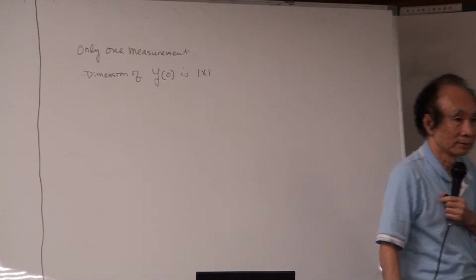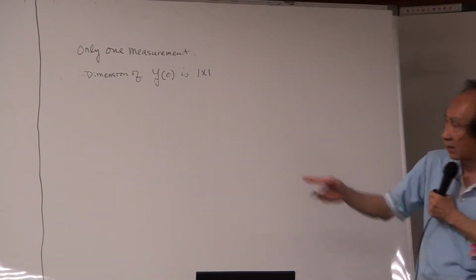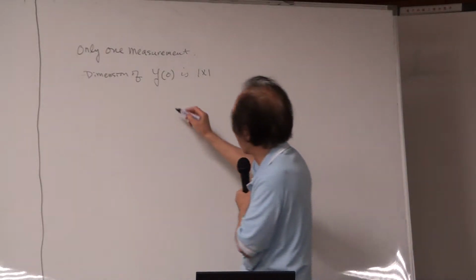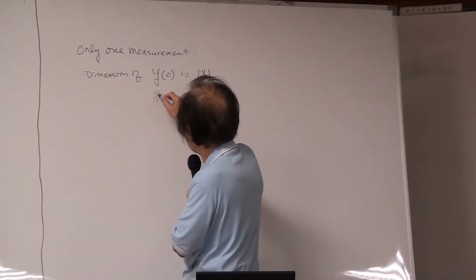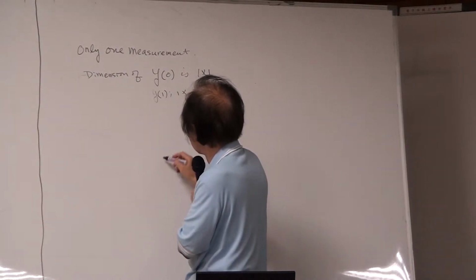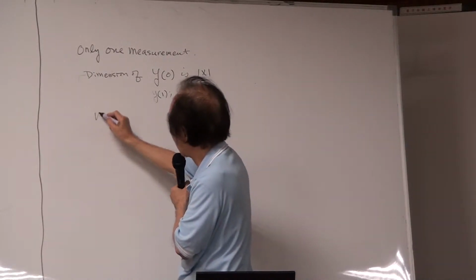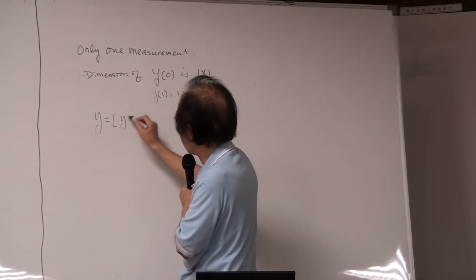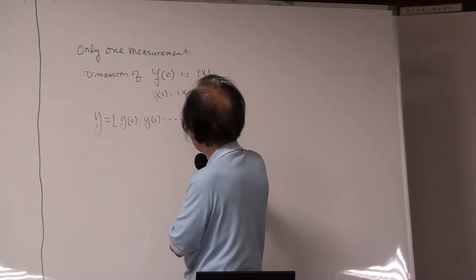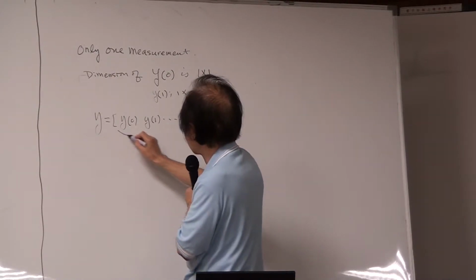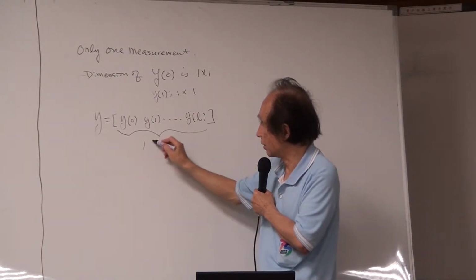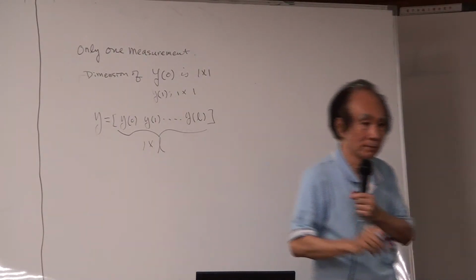And my output, one output at the time t0. Now, Y1 will be also 1 by 1. So Y equals Y0, Y1 to YL. So that is how much? That is 1 by L. Agree?